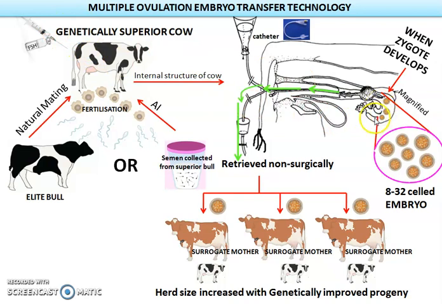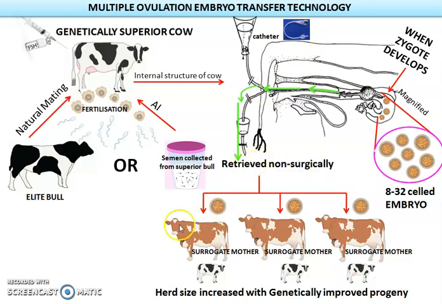Okay, so all the fertilized cells, that is zygotes, which have reached 8 to 32 cell stage, can be retrieved through a catheter. You can retrieve it from the body of this animal through a catheter. Okay, collect it, and non-surgically. You need not use any surgical methods. You just use this catheter. Here is the device picture.